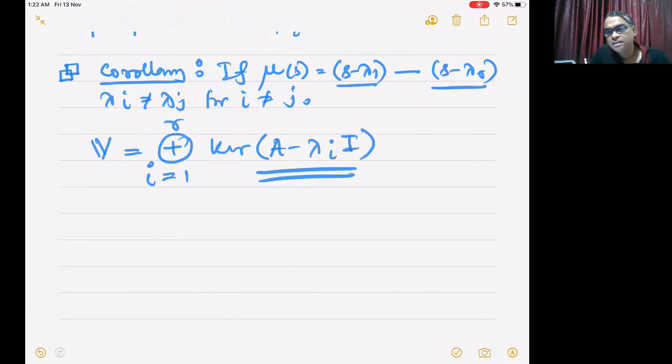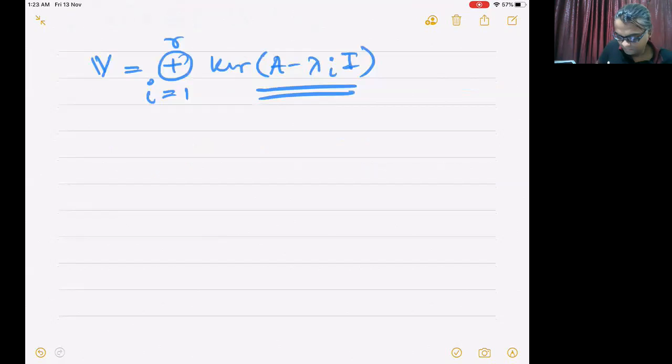Any vector in this kernel is an eigenvector, which means V admits a basis involving only eigenvectors. Earlier we had seen that this means A is diagonalizable.